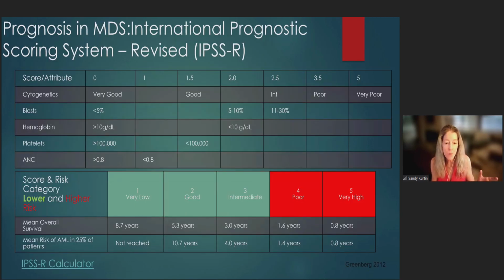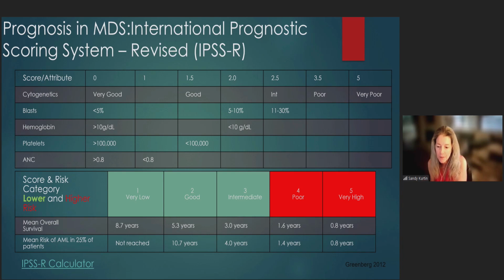And this is why that matters. So this is the IPSS-R, which we've had for quite some time now. And you can see just based on taking the characteristics with cytogenetics, blasts, our cytopenias and depth of cytopenia, and giving each of those a score, someone with very low risk disease has a median overall survival of 8.7 years.